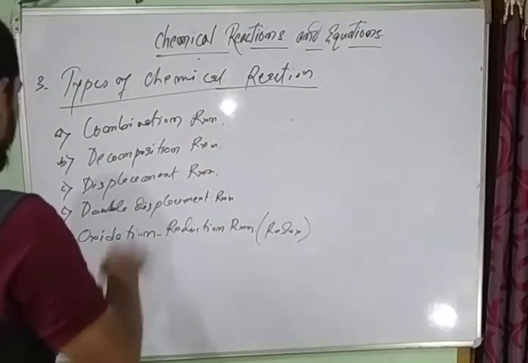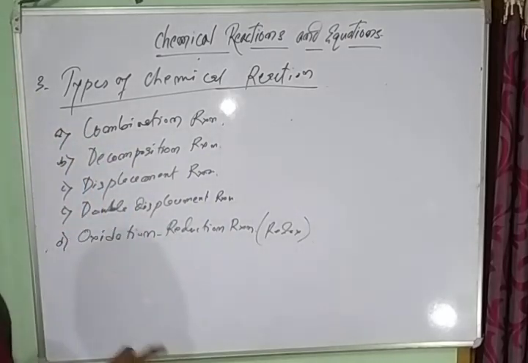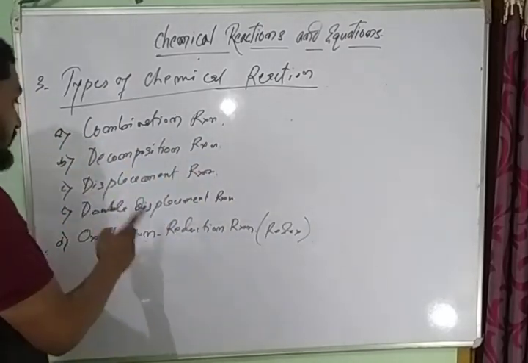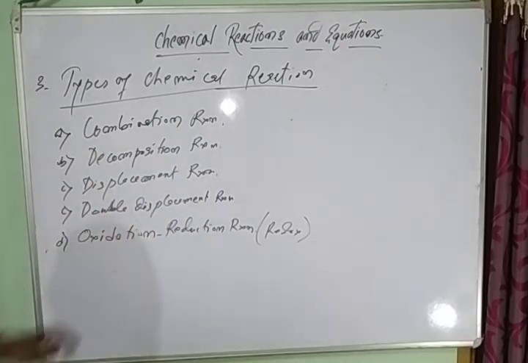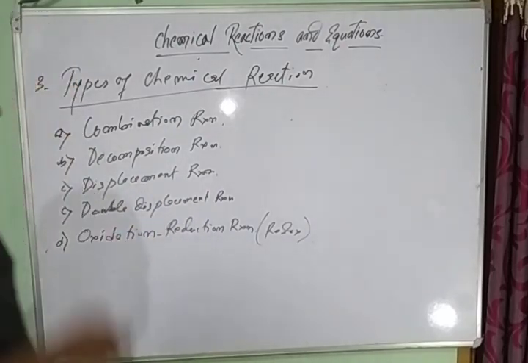So these are the 5 fundamental types of chemical reaction. This is combination reaction, decomposition reaction, displacement reaction, double displacement reaction, oxidation reduction reaction.